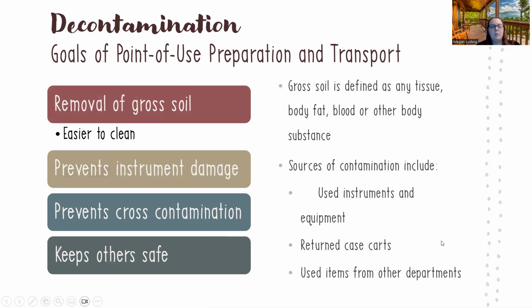At the end of the case, now that we've used all of our items, we put the dirty items back in and send them down to sterile processing. Usually that's how most places work. So it's contained. You're going to get items from other departments as well that may not have the same type of things as surgery, but they're still going to be contaminated. So you've got to make sure you keep clean and dirty separate.